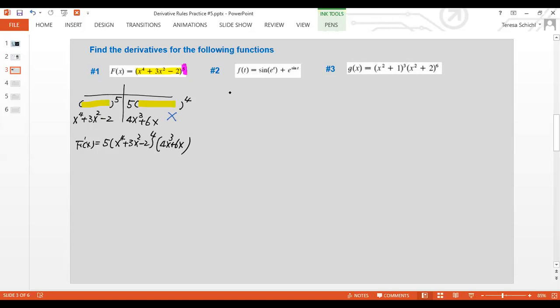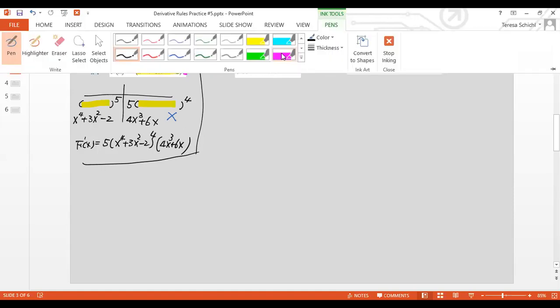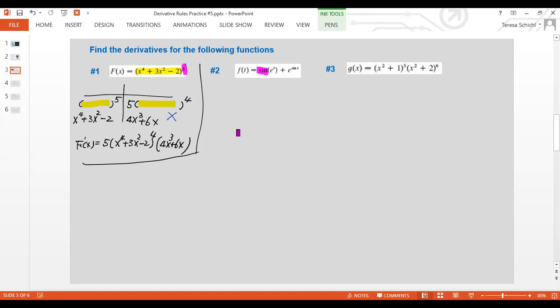Now let's take a look at the second one. I have two functions here. For the first function, I see the sine. I know my basic function is sine x, and here it is sine of e^t.